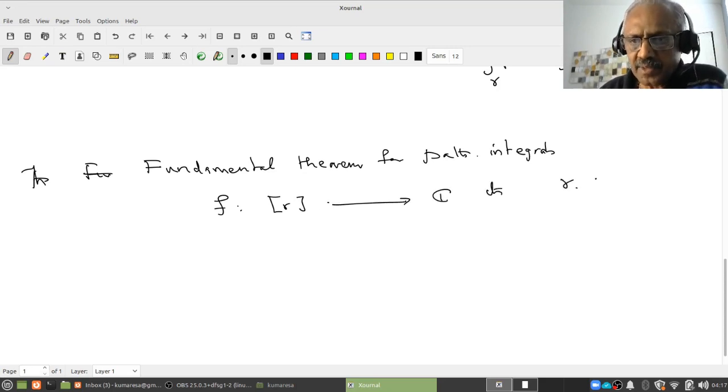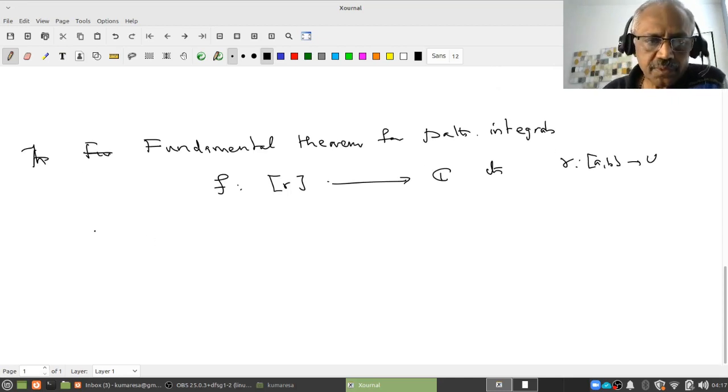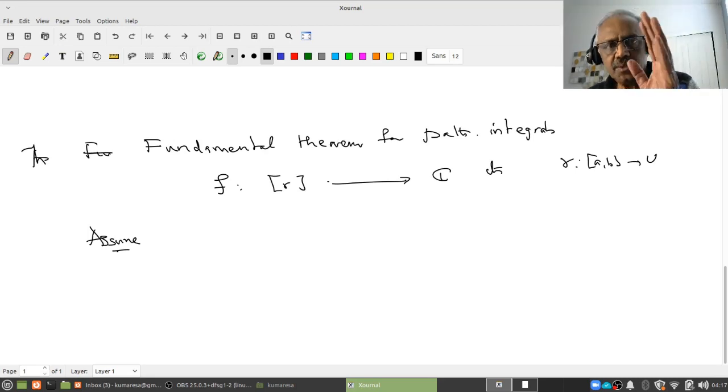Gamma is a path from a to b in U. Notice that I have to know f only on the trace of gamma. Outside gamma, inside U, I may not even know whether f is defined. The function is defined only on the trace. Understand that.